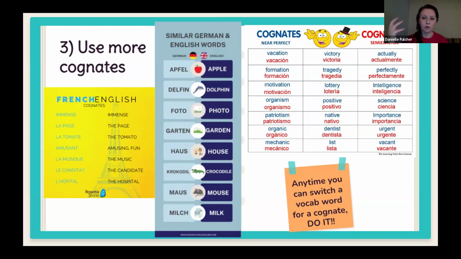So if there are words on the list of vocabulary that you teach your students that you can make easier for them by using a true cognate, do as much as you can with that, because it'll lower the working memory load for students, and they'll be able to focus more of their energies on some of those more difficult words and concepts.